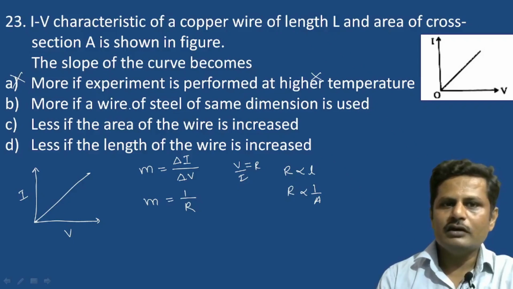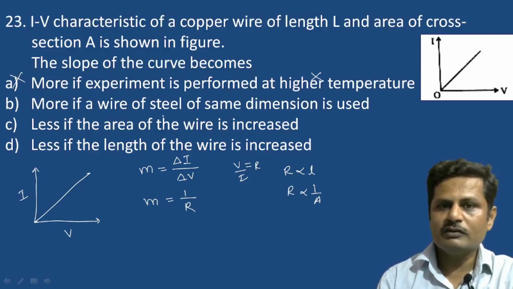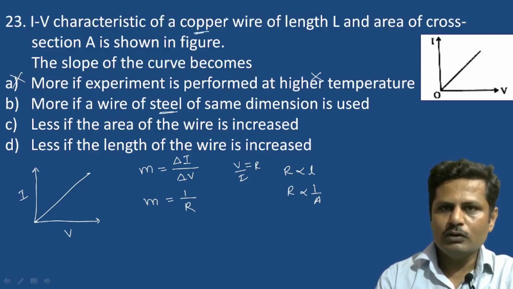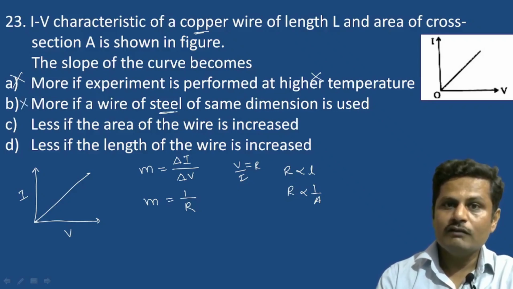More if a wire of steel of the same dimension is used. Comparing steel and copper, the copper is a good conductor, so its resistance is less, so therefore there will be more slope for the copper, but here they have given more slope for the steel, so therefore this is not correct. There will be less slope for the steel if you take these two materials. Next, less if the area of the wire is increased.